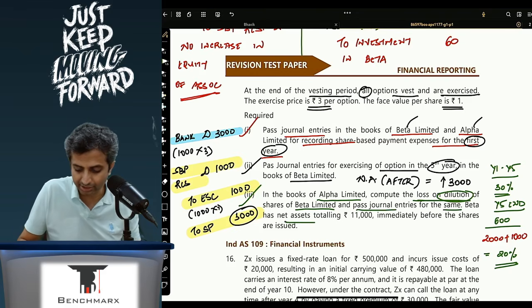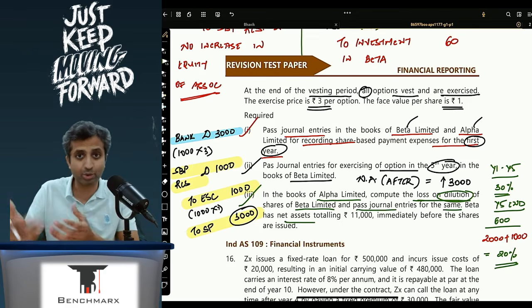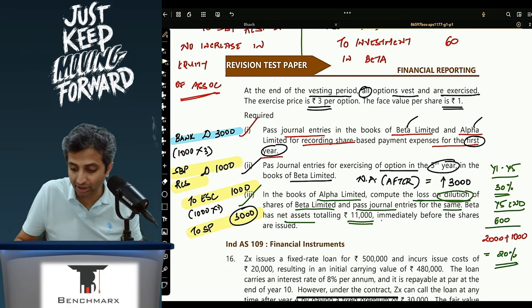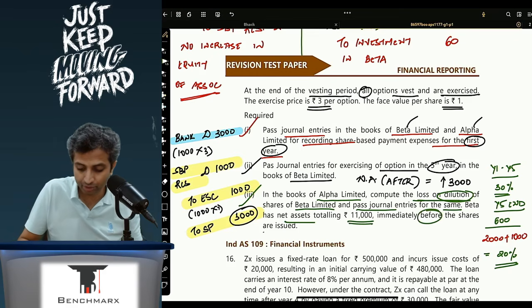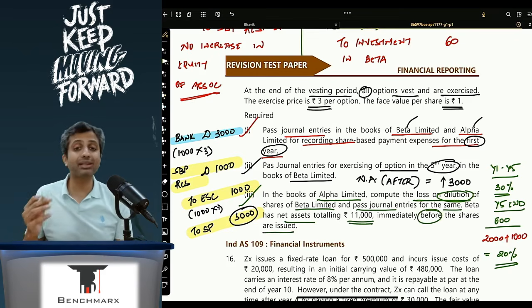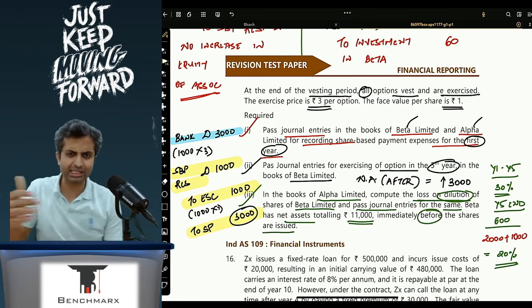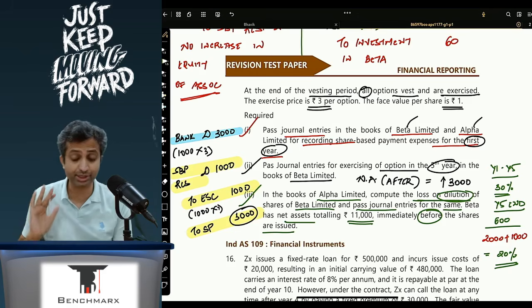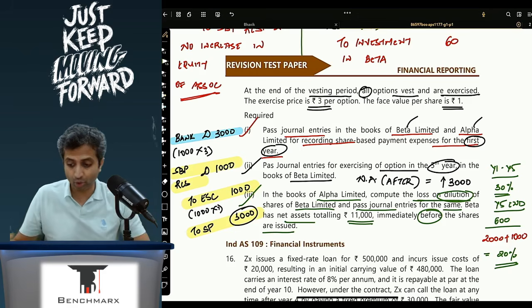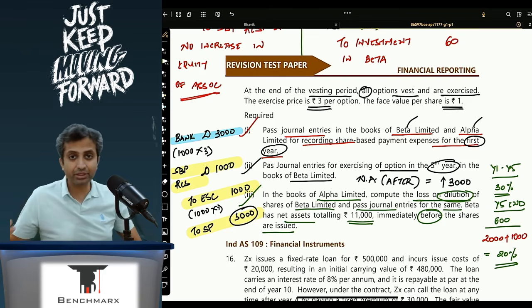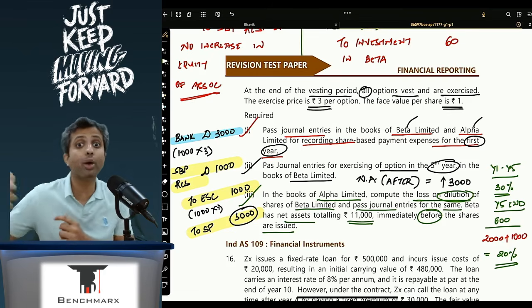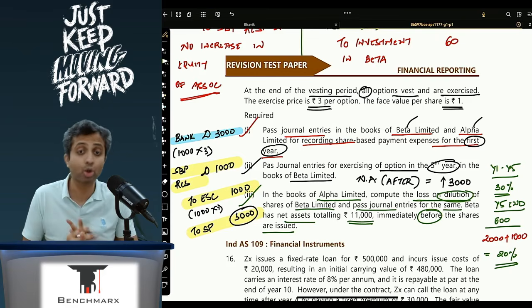Beta has net assets, that is net worth, net assets equals to net worth, that is equity, totaling to 11,000 immediately before the shares are issued. Remember, this is net assets or net worth, that is asset minus liability or share capital plus reserves, worth 11,000 before these shares are issued. After these shares are issued, 11,000 will go up by 3,000, that is 11 plus 3 will come to 14,000.